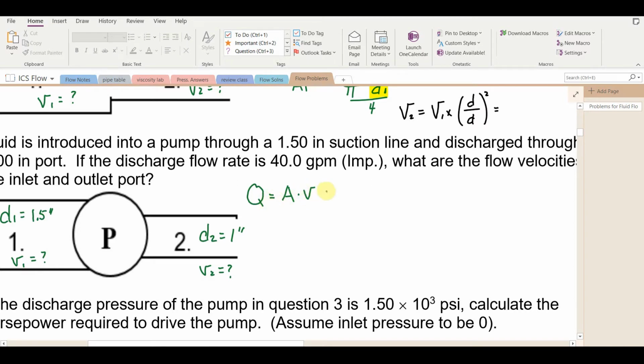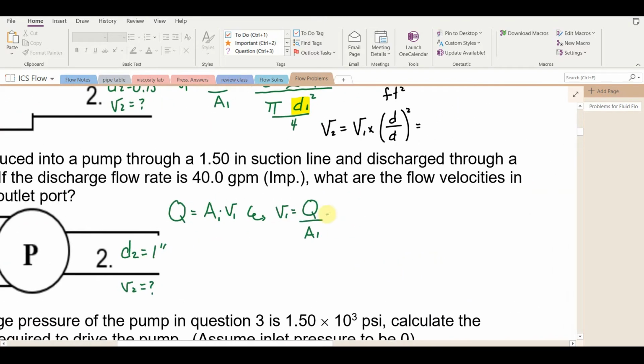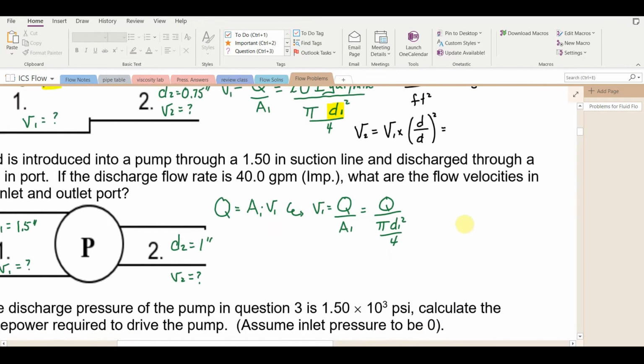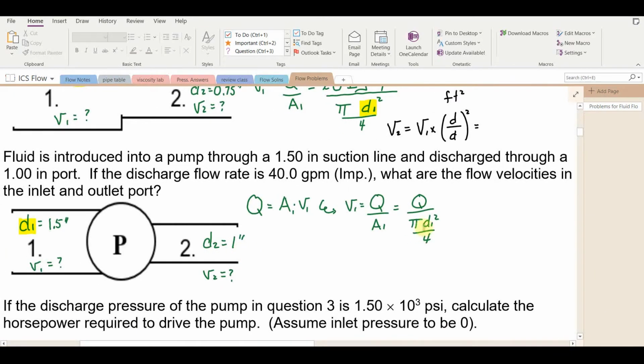So just use a consistent set of areas and velocities. We can write that V1 equals Q over A1. And we're given the diameter, so we can write Q over pi d1 squared over 4. And we're given d1 here is 1.5 inches.